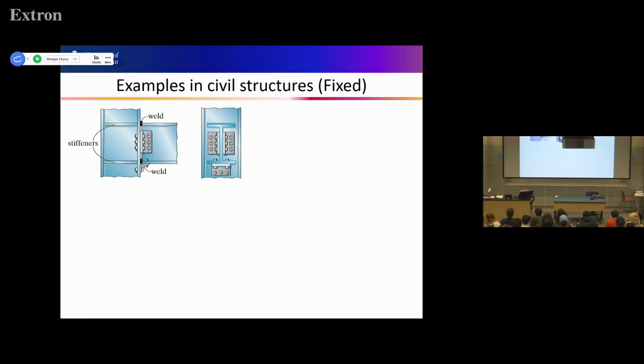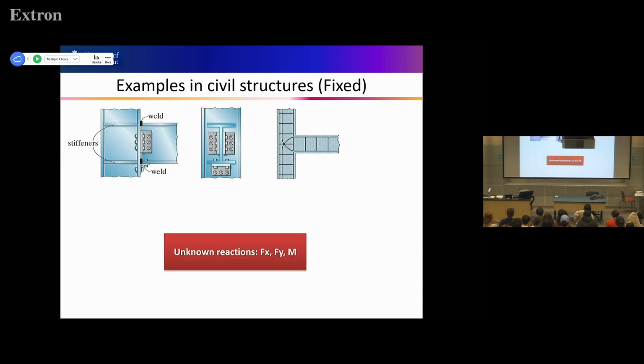It's fixed, okay? And then reinforced concrete structure, also beam column joint, and there are rebars inside the concrete, right? And then it is all cast in one, right? So this support is also fixed. Okay, so fixed connection has all three reactions developed: Fx, Fy, and then moment. Right? Okay, any question so far?